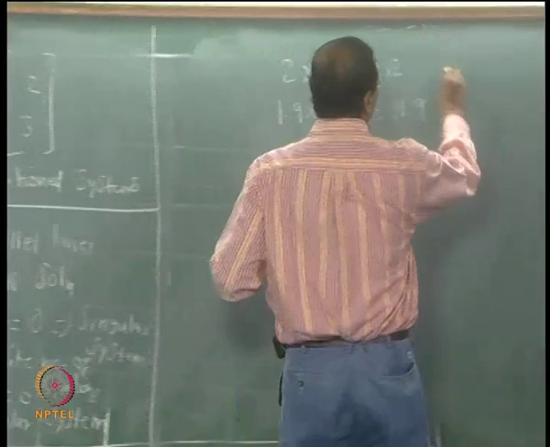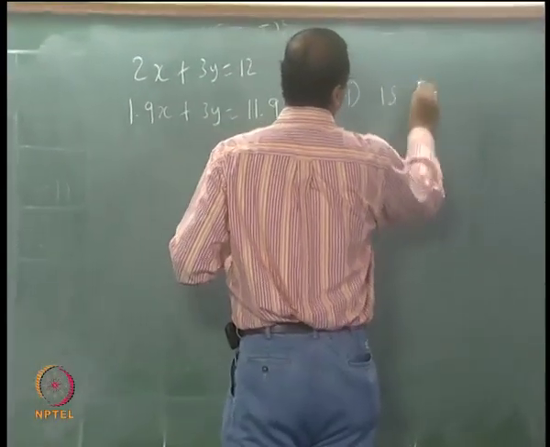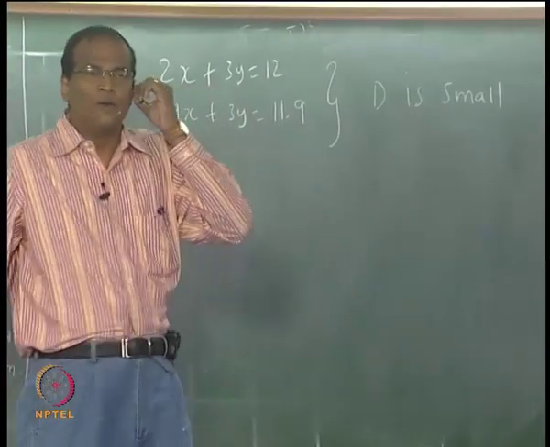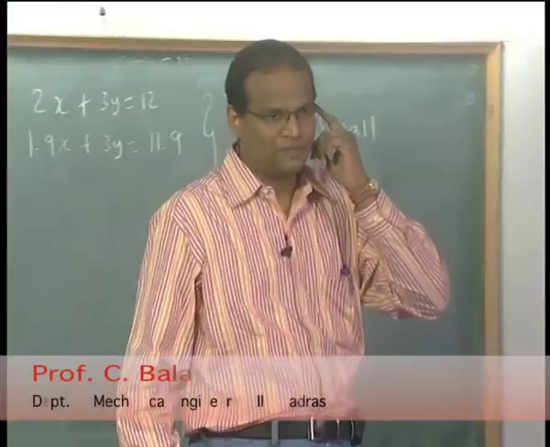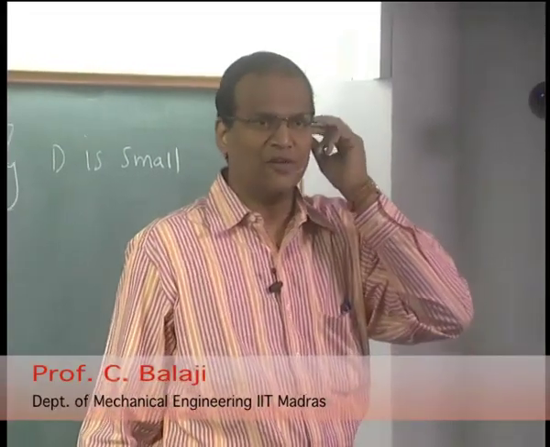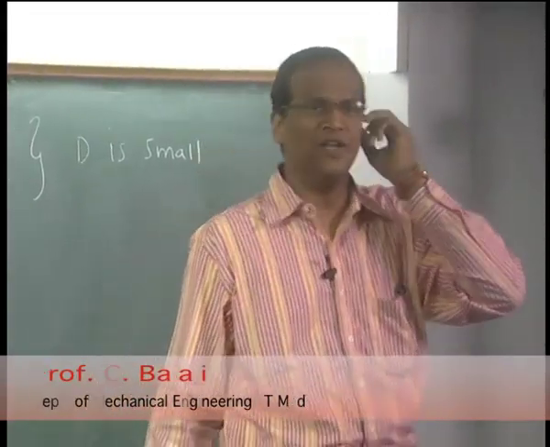But how small is subjective. For certain types of systems this small value of D is alright, but for certain types of systems this value of D is not alright.